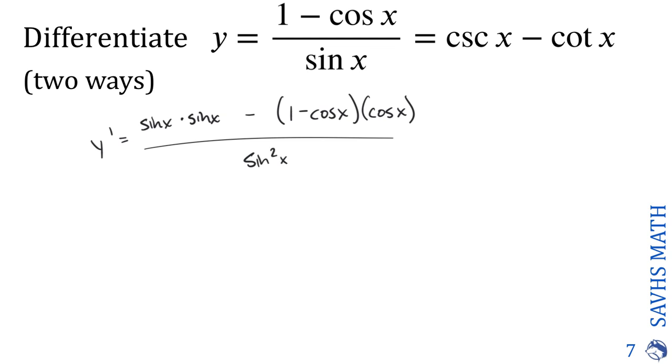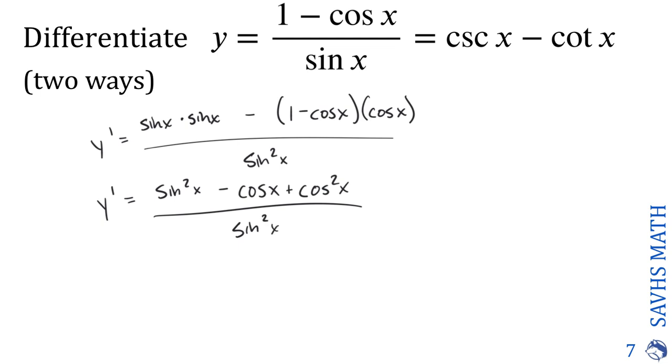So let's see where this takes us. It's sine squared, y prime equals sine squared minus, and then distribute the cosine in, so we get cosine x minus cosine squared. Oh, sorry, plus cosine squared over sine squared.